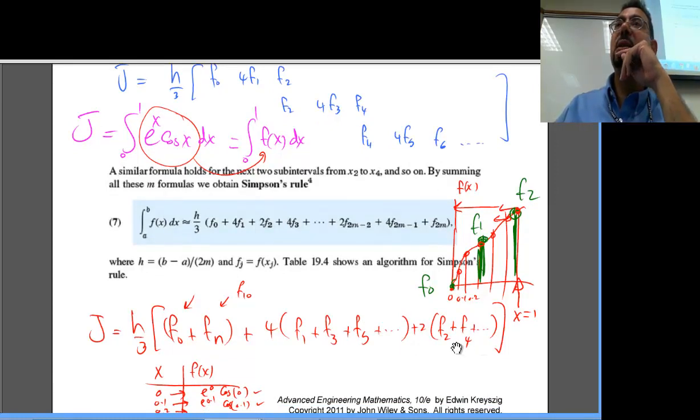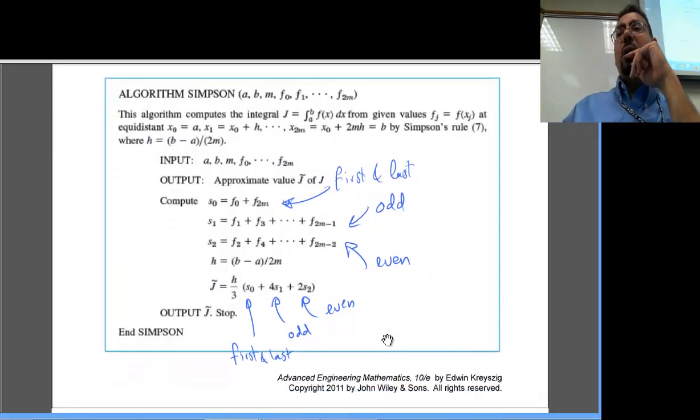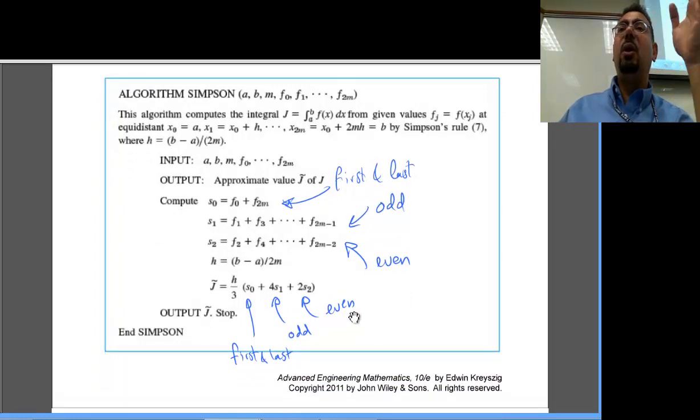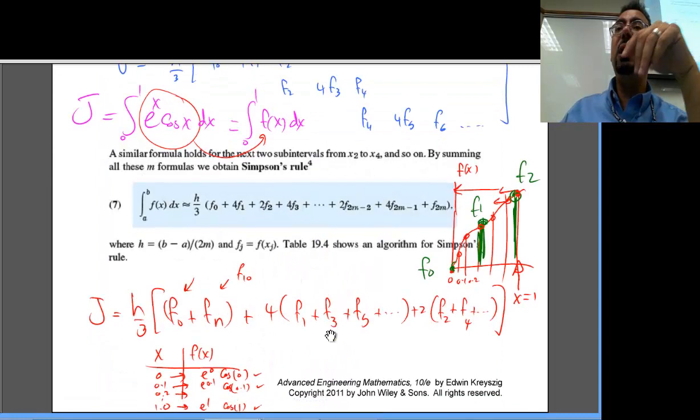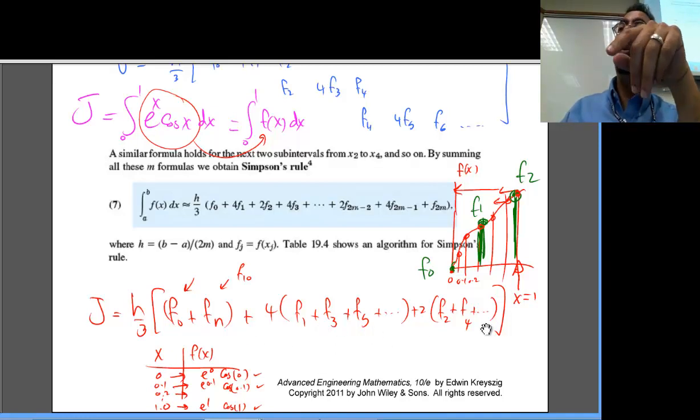Does this make sense? Alright, and so this would be the formula. So the computer program, or the algorithm for running something like this, is basically to have 3 boxes to collect those: a box where you collect the first and the last, a box where you collect all the odd ones, and a box where you collect all the even ones.